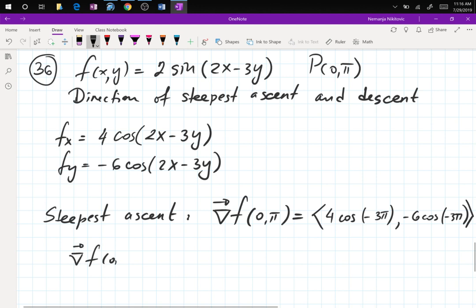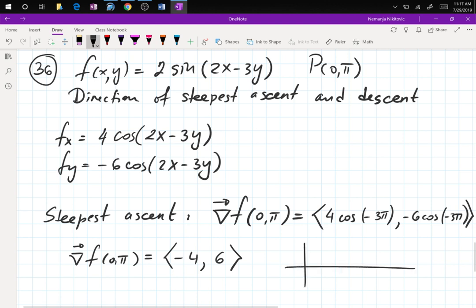So del f at (0, pi) is going to be, now cosine is an even function, so this minus sign doesn't count for anything, and at 3 pi it is negative 1, so we have negative 4 and positive 6 when you compute.